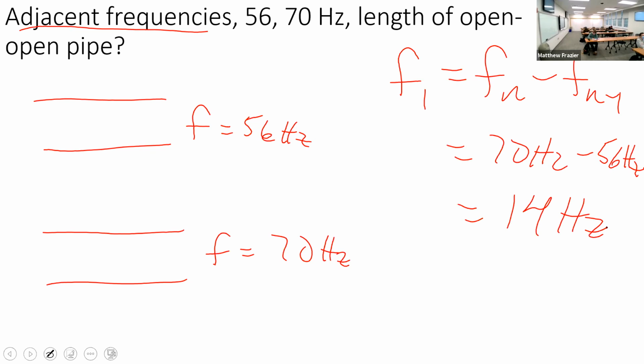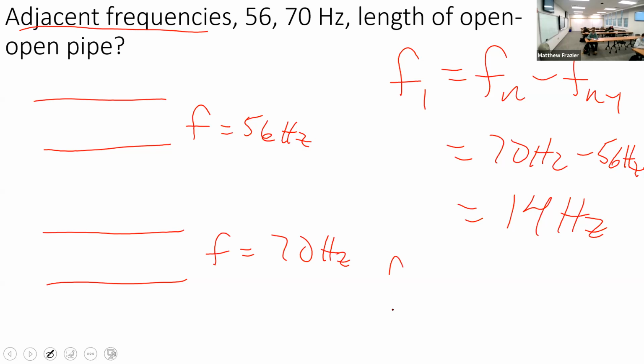So n equals 5 is the 70 hertz, and n equals 4 is the 56 hertz. The fundamental would be 14 hertz, probably feelable more than hearable. But just from two tones, you can identify the fundamental frequency.